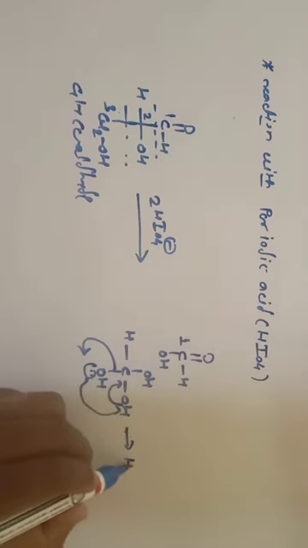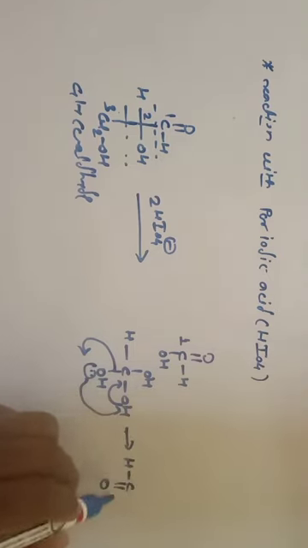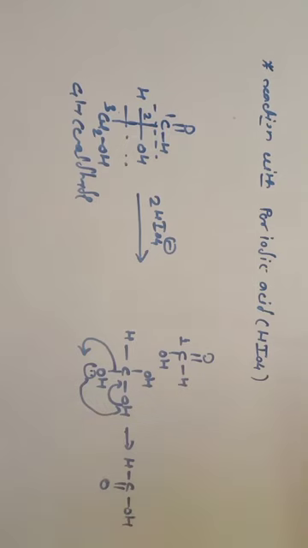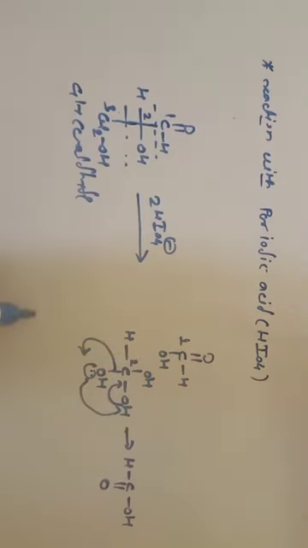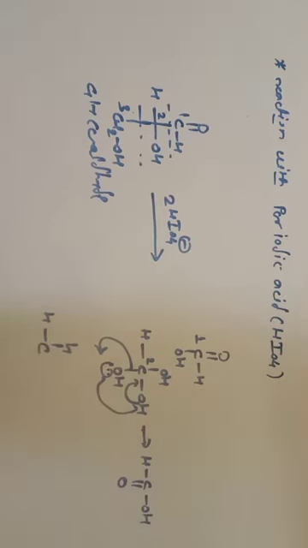There is a formation of H-C double bond O and OH. Again we get the formation of formic acid. This is carbon number 2, and at carbon number 3, it already has hydrogen and one OH group, and after bond cleavage one more OH group.